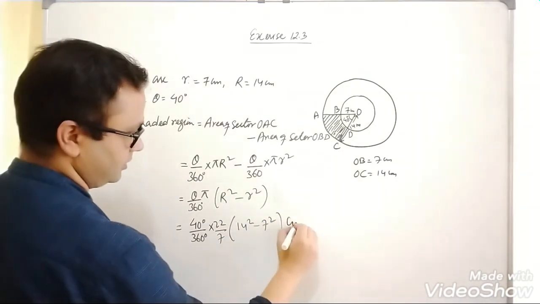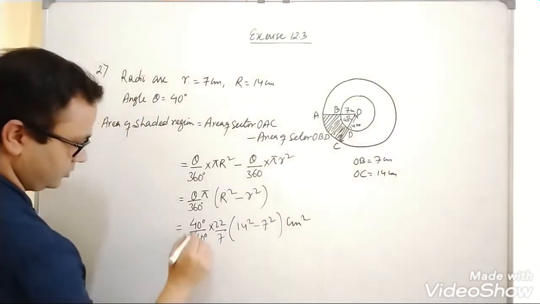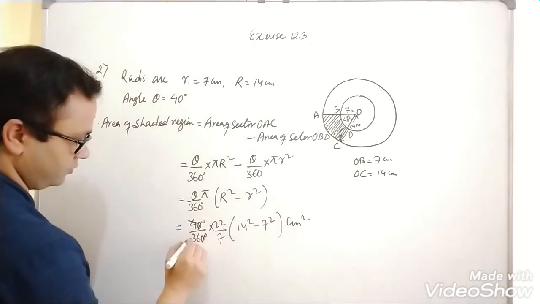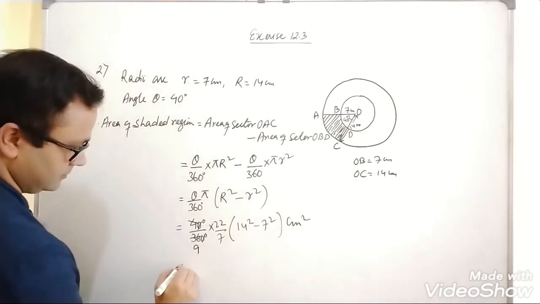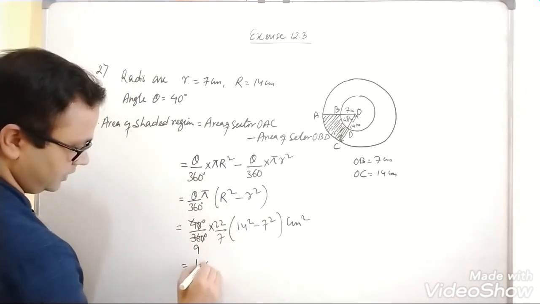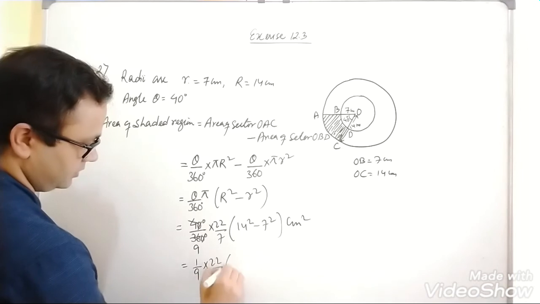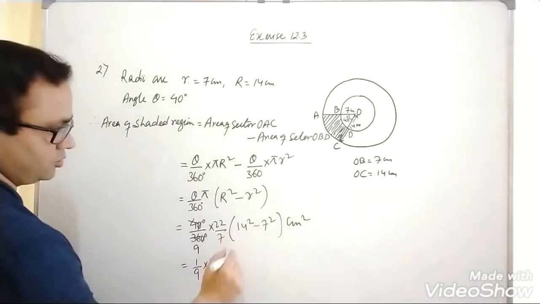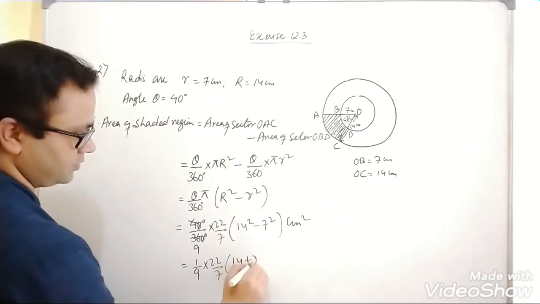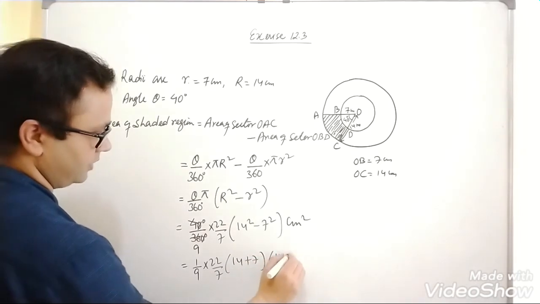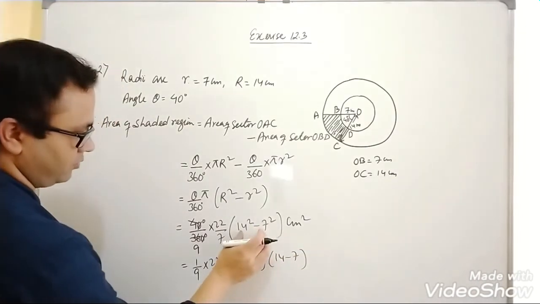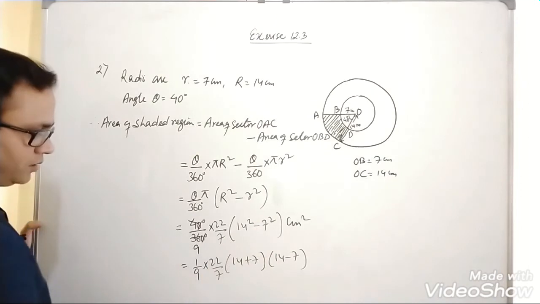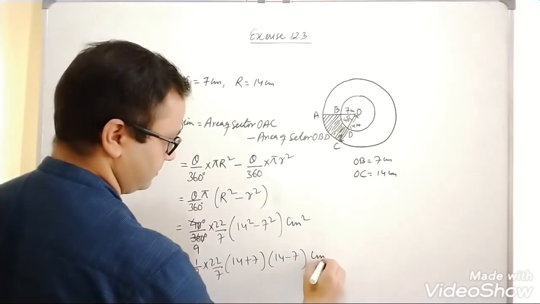So 40 by 360 gives 1/9, into 22/7. It can be written as a square minus b square is a plus b into a minus b: 14 plus 7, 14 minus 7, centimeter square.